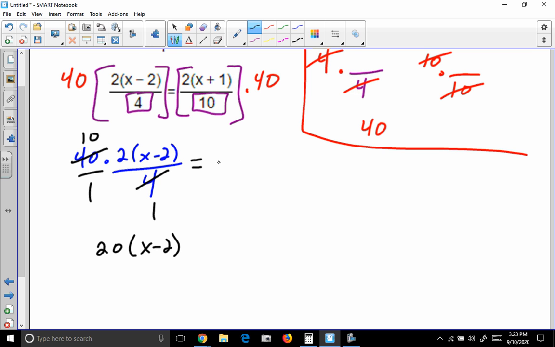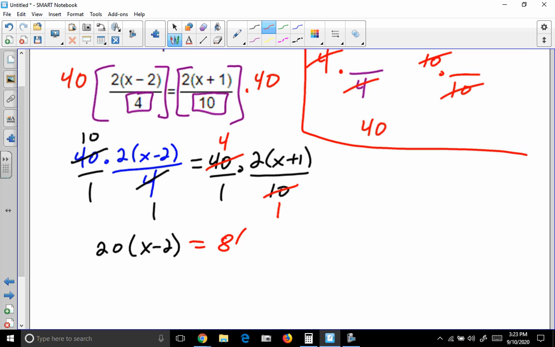On the other side, we're going to do 40 times 2 times x plus 1 over 10, so we keep the fraction just like it is. And if we're multiplying by 40, 10 goes into 10 once, 10 goes into 40 4 times, so we're left with 4 times 2 times the parentheses.